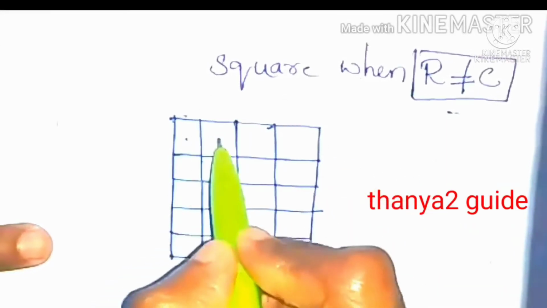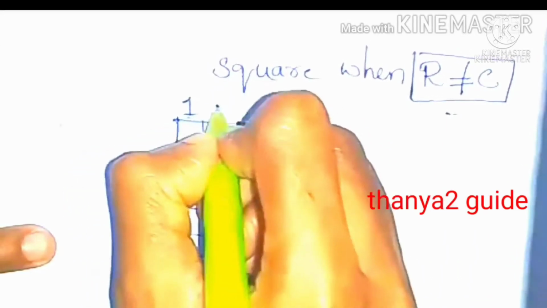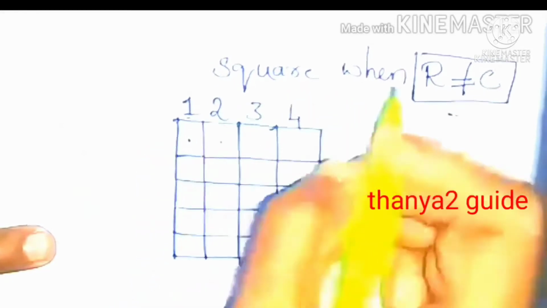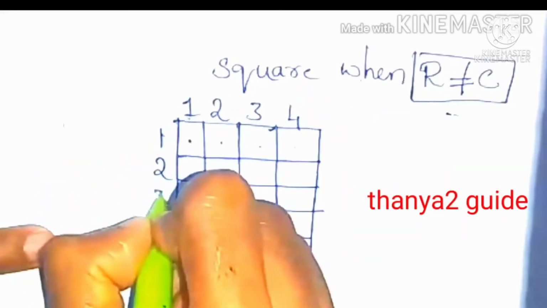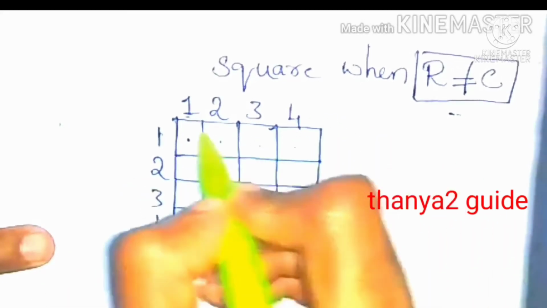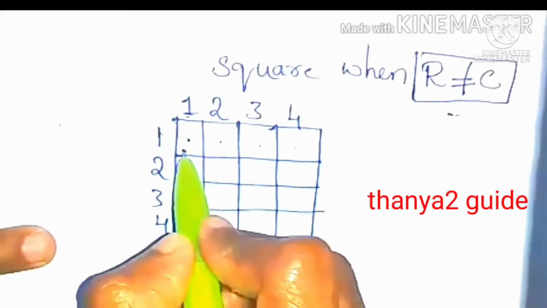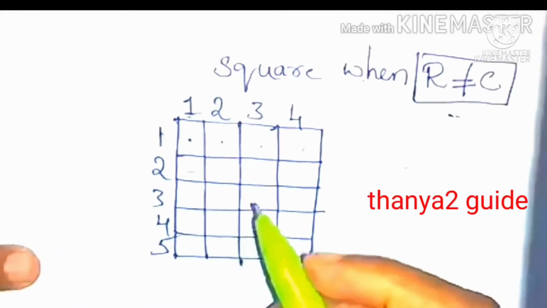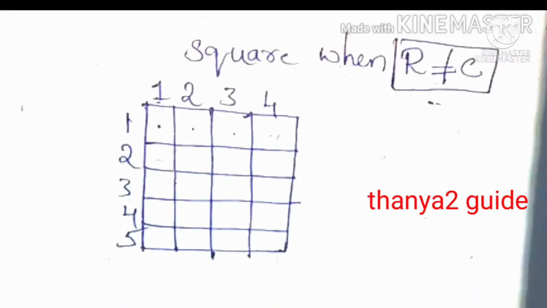Okay, now 1, 2, 3, 4: 4 columns. How many rows? 1, 2, 3, 4, 5. This is a rectangle which has 4 columns and 5 rows. Now what we have to do?